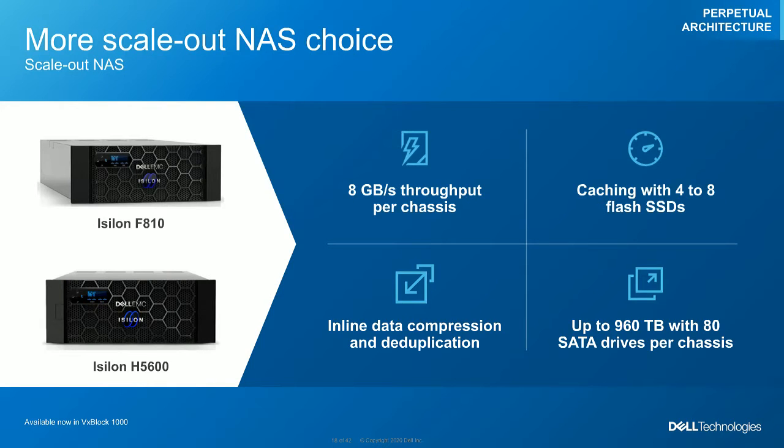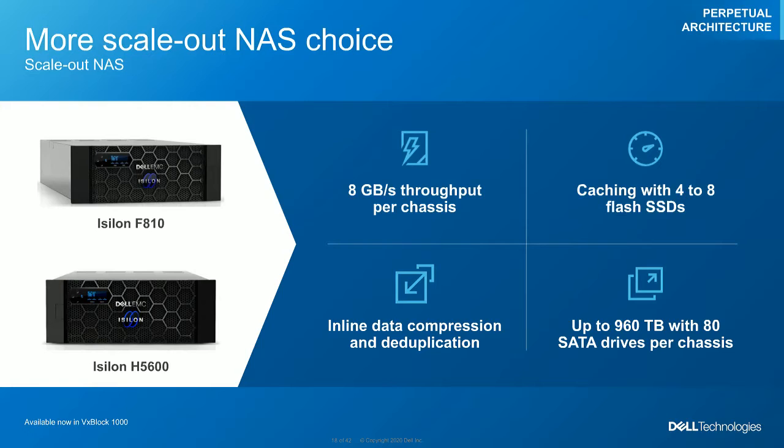Also, with the VxBlock 1000, we do offer full support of our scale-out NAS solution known as the Isilon. This slide here is just calling out that we have now been able to include the more recently announced new Isilon nodes, the F810 and the H5600.